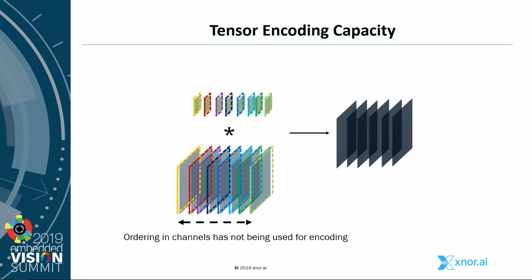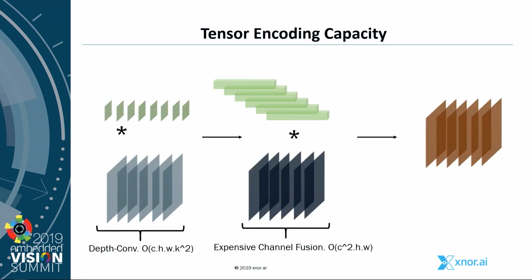That's important because it means that we are not encoding any information into the order of the channels. That's why we need another layer after depth-wise convolution to fuse these channels. This is usually done by a one-by-one convolution, and that's known to be expensive.